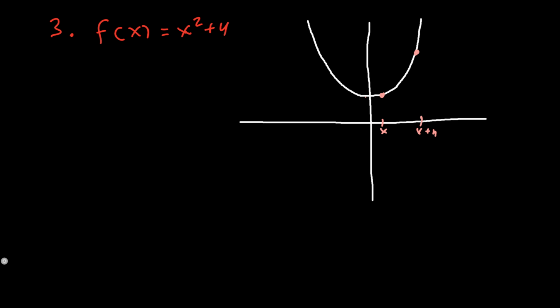And we want to find the line. So pretty much this line right here, we see that it is a secant line. And pretty much we want to find the slope.